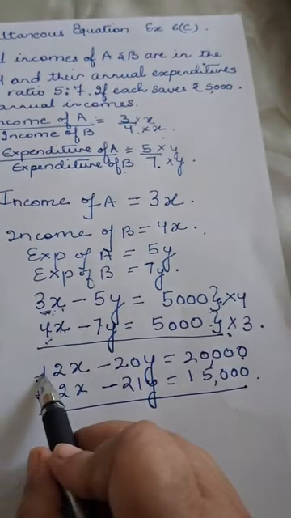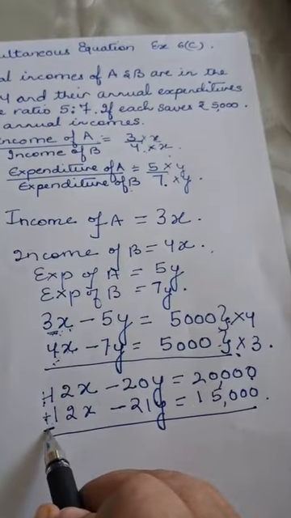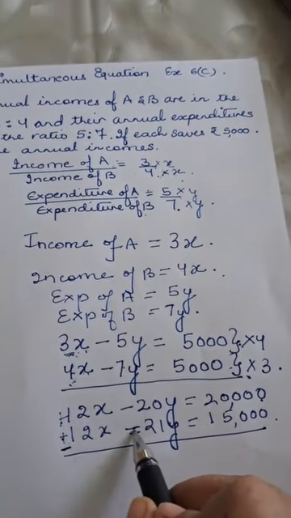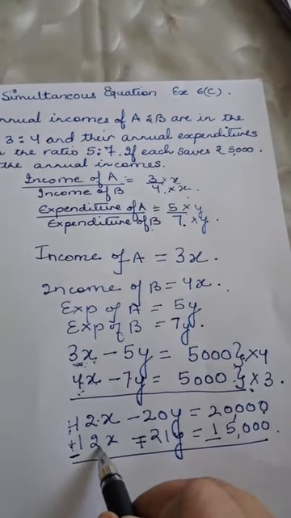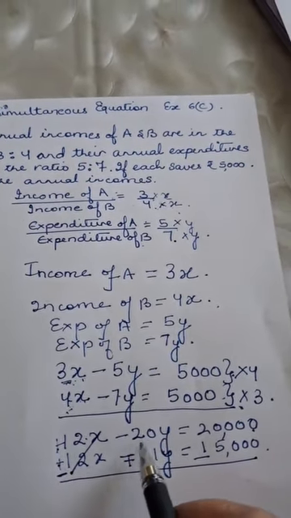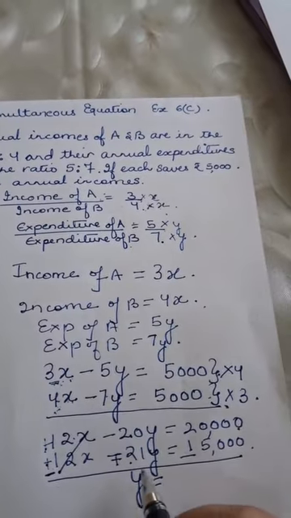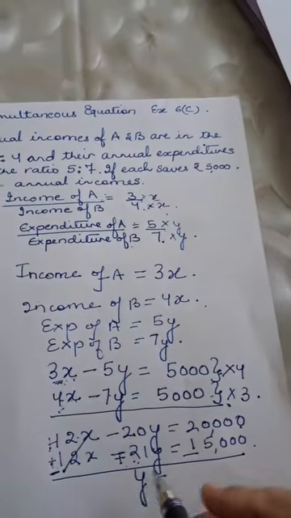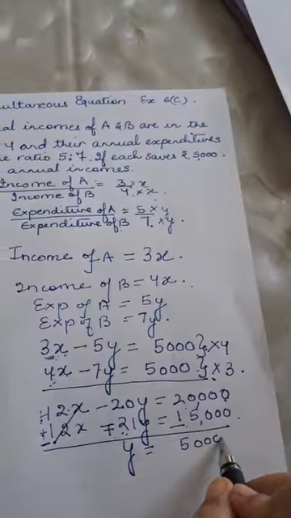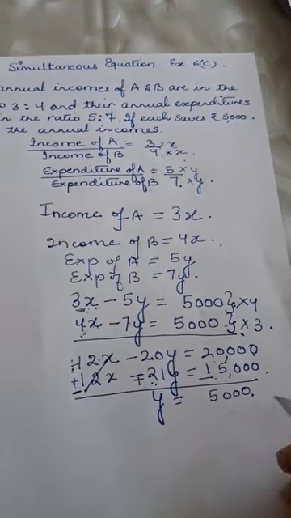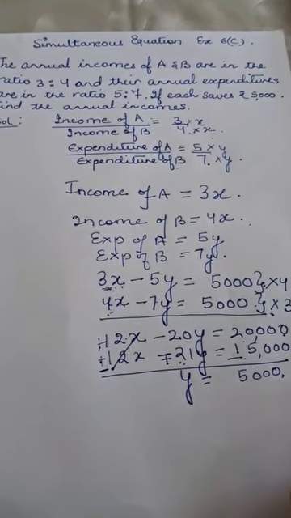Because the signs are same, and if I subtract, the sign changes. So 12x minus 12x gets cancelled. Minus 20y plus 21y gives you y, and 20,000 minus 15,000 gives you 5,000. So now the value of y is 5,000.